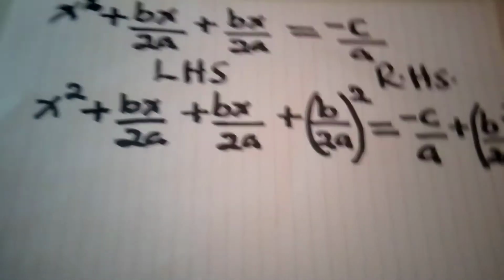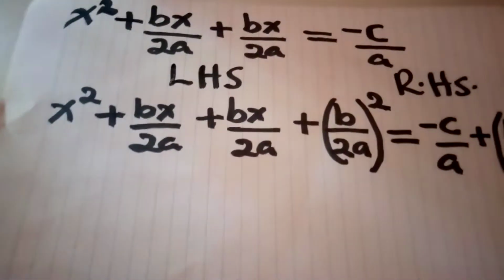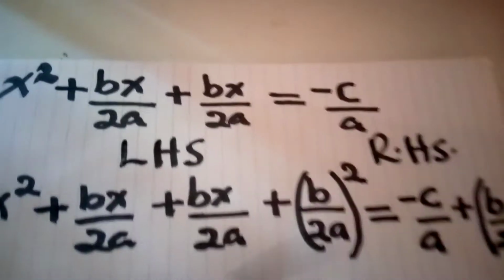So after adding the square on both sides of the equation, then we shall now simplify.